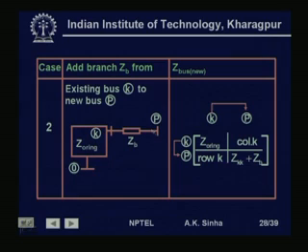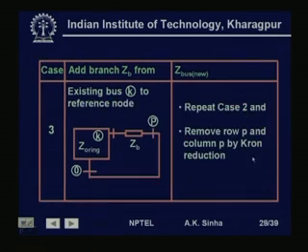Here we get this kind of network, which we have seen results in this kind of modification. In Z original, the n plus 1th column is the kth column, that is, the bus to which this new branch is getting added. The n plus 1th row is the kth row, and the diagonal element for the n plus 1th row and column is ZKK plus ZB.